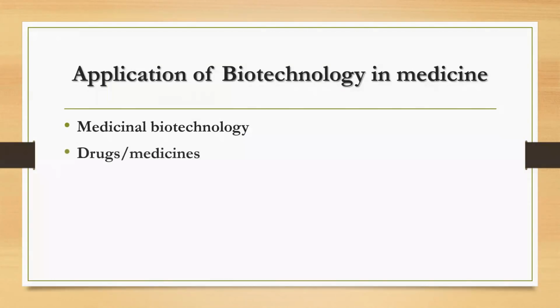It mainly includes the production of various kinds of drugs or medicines. It may be antibiotics or antibodies, for example, monoclonal antibodies. The various kinds of medicines are produced by using various types of biotechnological processes, and the development of various kinds of therapeutics or therapies.